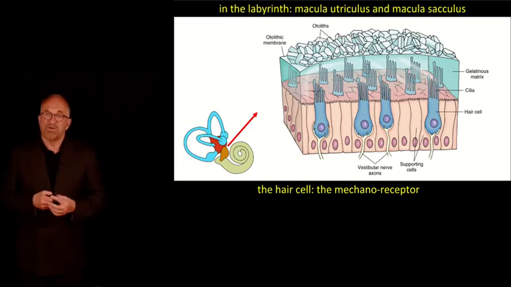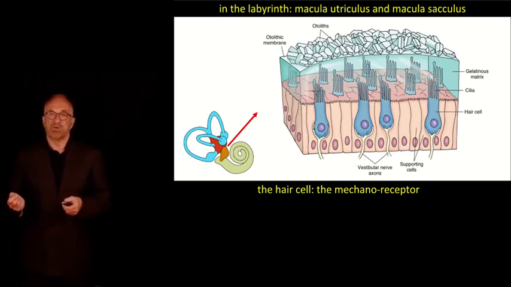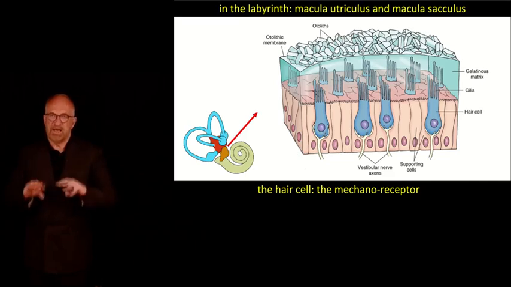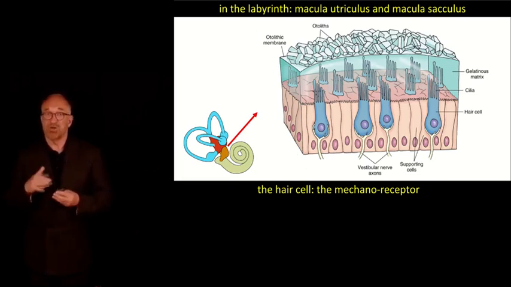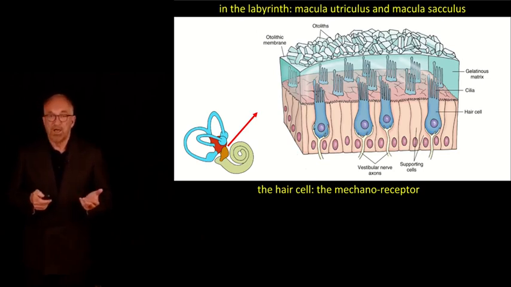The membrane is of course much more complicated in the human macula and utriculus than the glass of water. So you have the otoconia on top, and below there is a number of hair cells that are provided there to detect the motion of the upper membrane, the otoconia membrane. So again, with every movement, like in the glass of water, you can detect that something is happening.